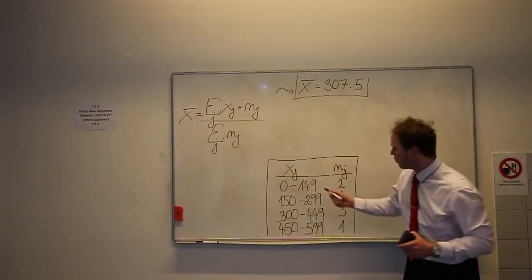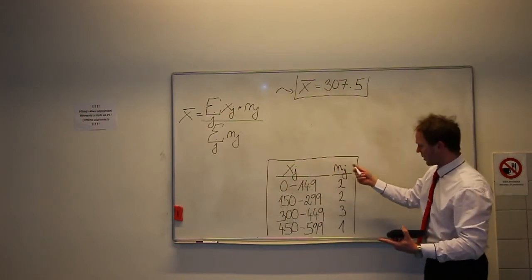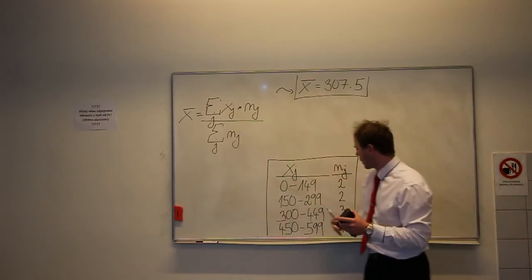I would like to multiply this by this and create a numerator.